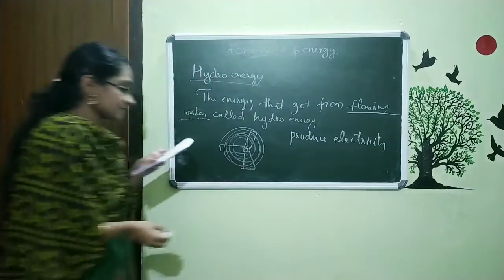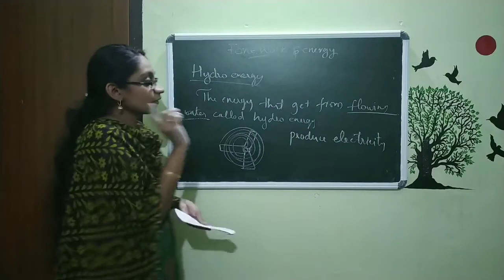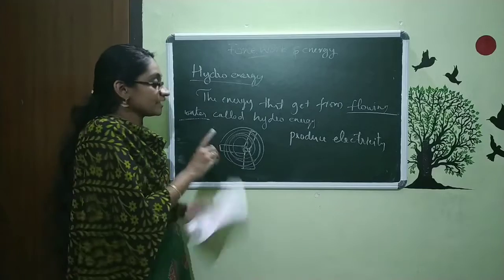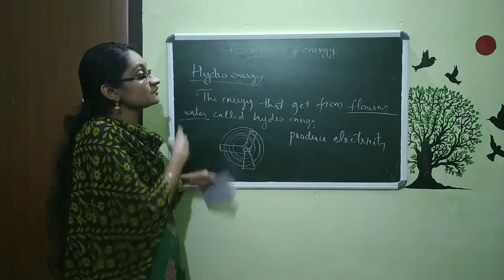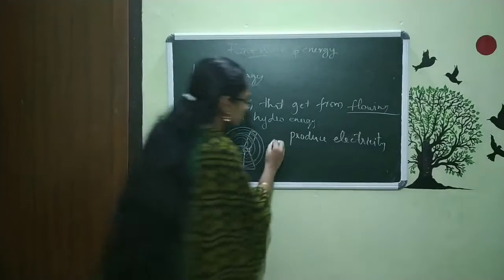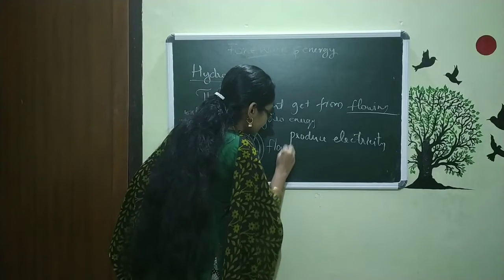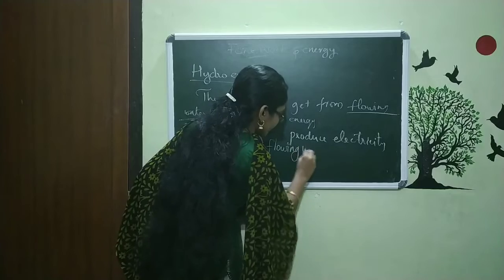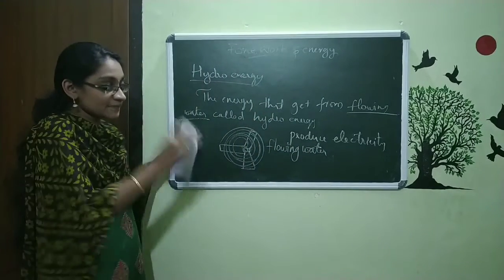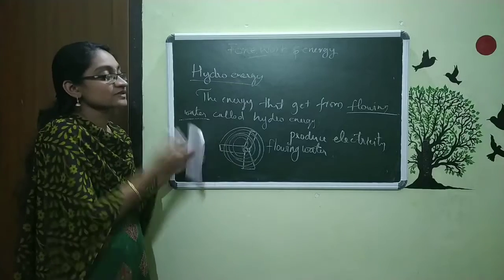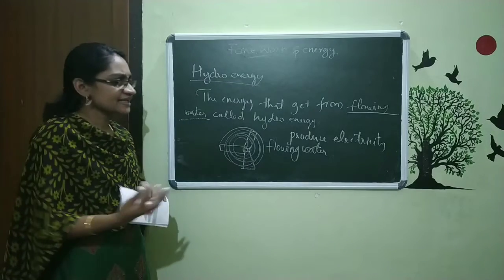So for producing electricity we have one generator, and that generator is rotating with the help of flowing water. Because of the rotation of this wheel, it produces electricity.